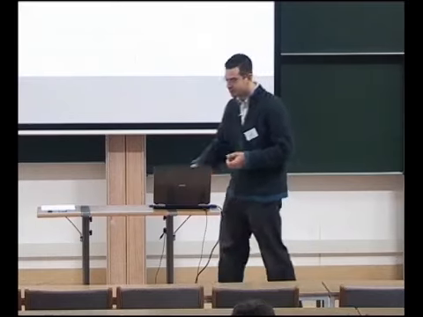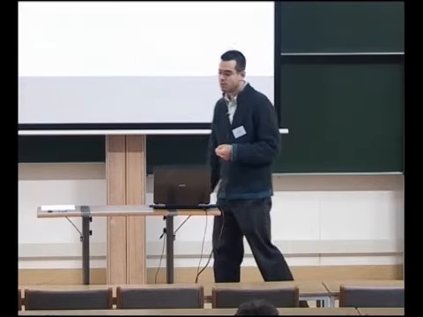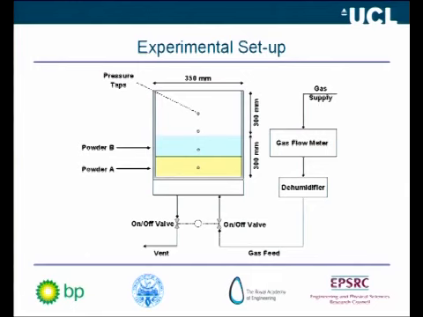Here are represented the particle size distributions, and we see powder A has a small mean diameter, and powder B has a bigger mean diameter. We considered this fluidized bed, and we charged the two different powders, initially perfectly segregated, with powder A, the small one, on the bottom, and powder B on top.